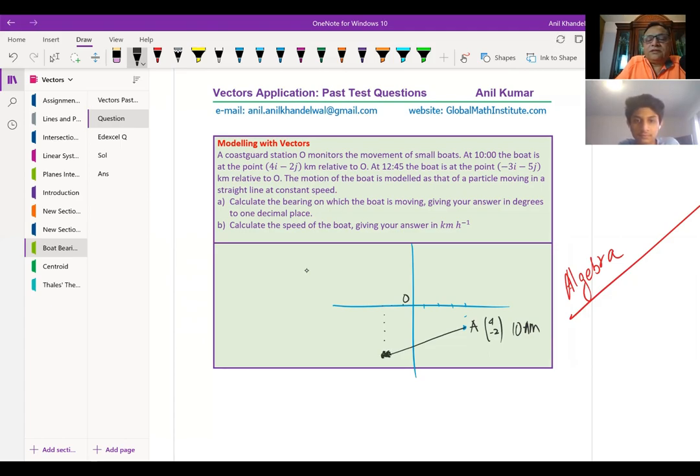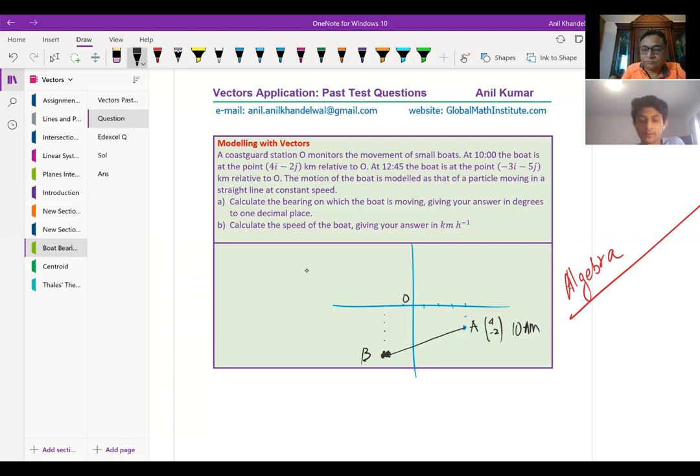Let's say that's the point, this is B. Now see, you make a diagram. It is very important in vectors to sketch a diagram. In every question, you should be sketching a diagram so that you clearly understand what the angles are, what the lengths are, and everything. Calculate the bearing on which the boat is moving, giving your answer in degrees to 1 decimal place. Calculate the speed of the boat, giving your answer in kilometers per hour.